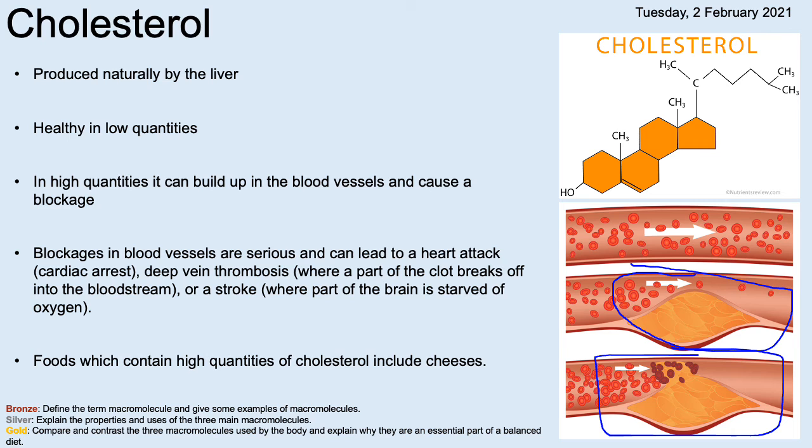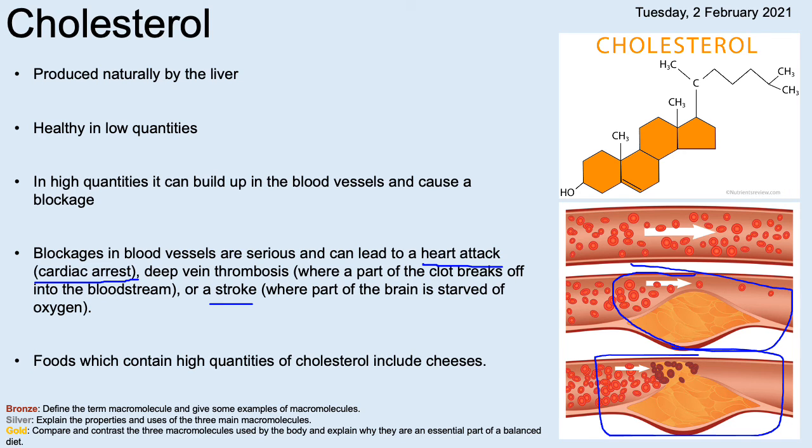It can be quite serious because it can lead to a heart attack, which is called a cardiac arrest, deep vein thrombosis, which is where a part of the clot breaks off into the bloodstream, or a stroke, which is where part of the brain is starved of oxygen and it dies off essentially.